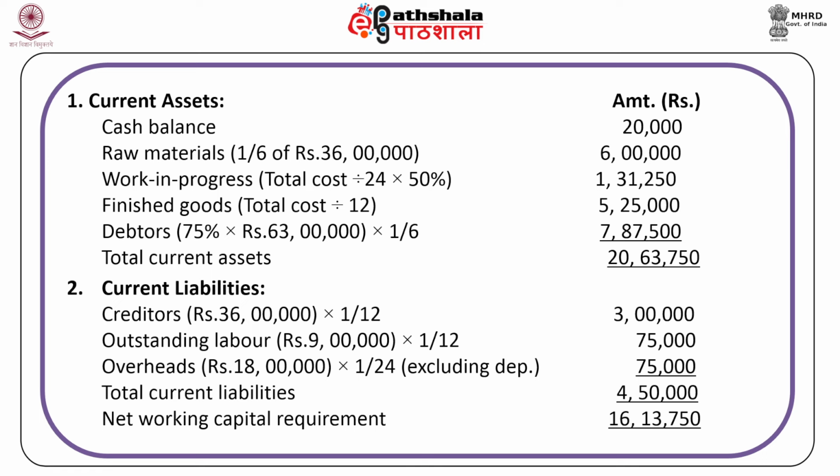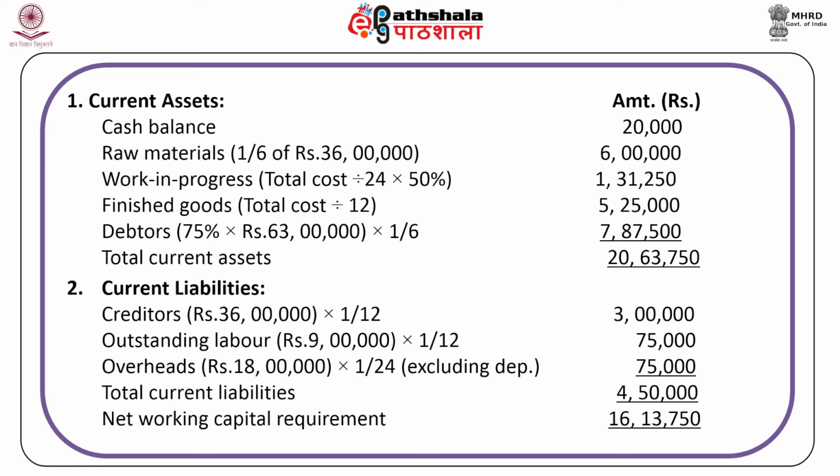Finished goods, total cost divided by 12 comes to 5,25,000. Debtors, 75% into 63 lakhs into 1/6 because 2 months credit is extended. So it comes to 7,87,500. So total current assets are 20,63,750. Now let's look at current liabilities.